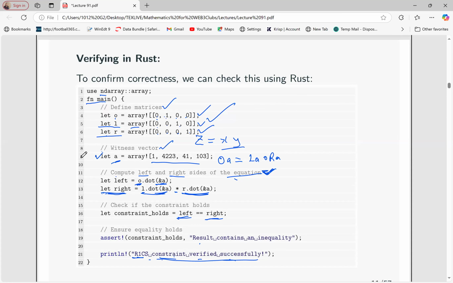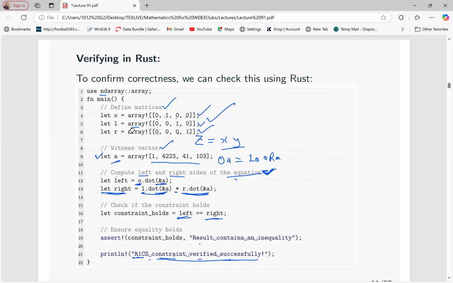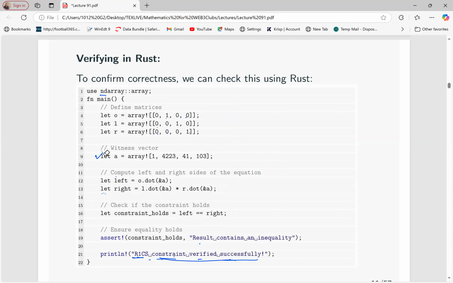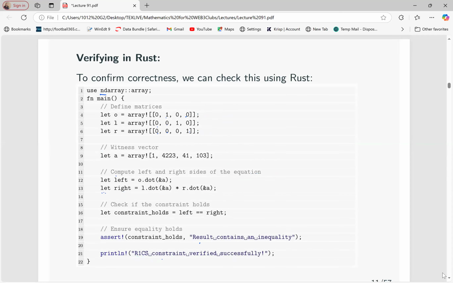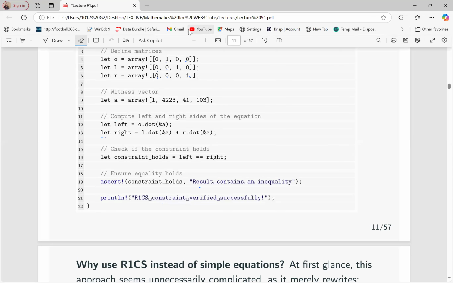So every time you do any problem, in the event of coming up with this left matrix, right matrix and the output, if you mess up, then this code will tell you that your computation is not verified. Now let me just share that code and we'll see how it works.